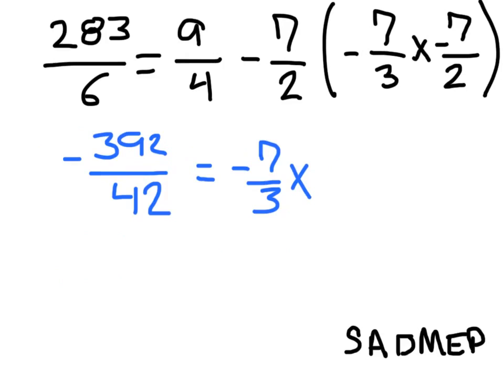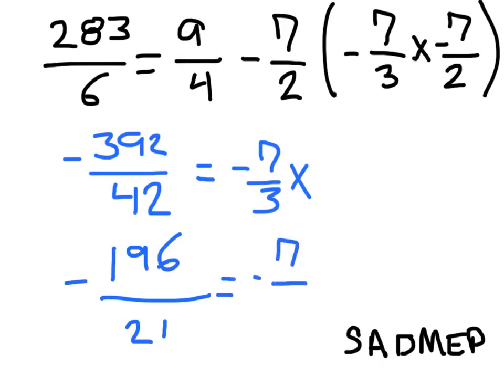And real quickly, we can make this problem easier on ourselves by simplifying the fraction, and we can divide the numerator and denominator by 2. So 392 divided by 2 is 196. 42 divided by 2 is 21. Never forget the negative. Equals negative 7/3 x.